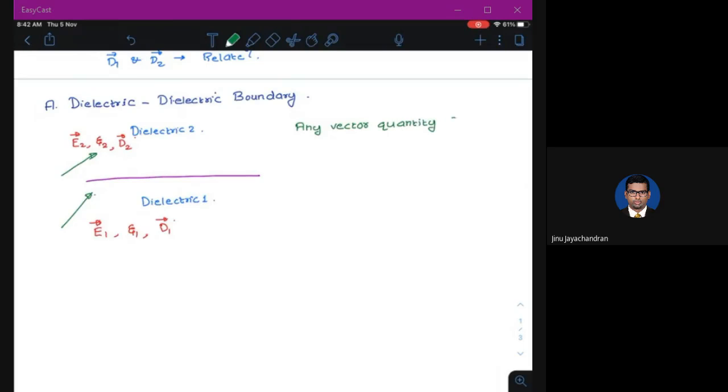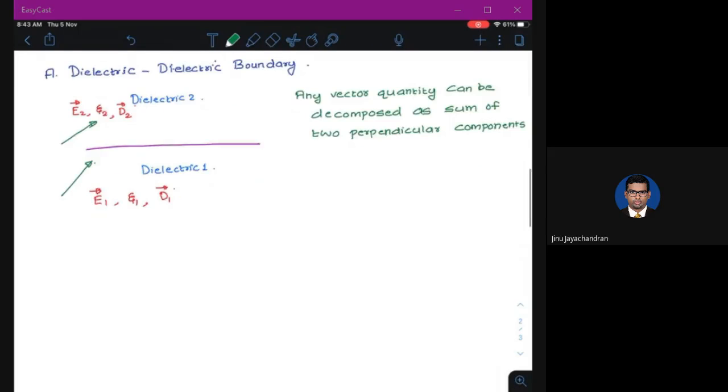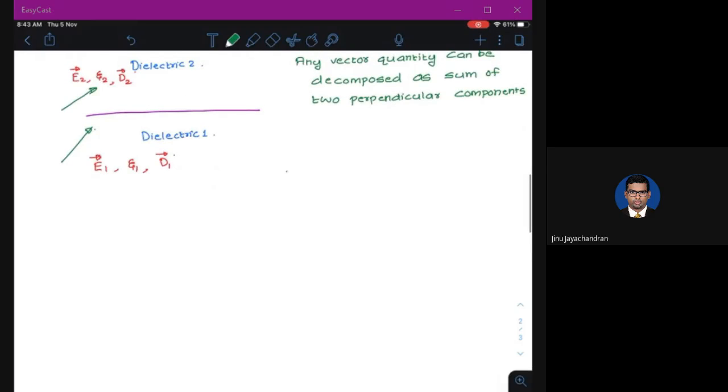So any vector quantity can be decomposed as sum of two perpendicular components. That is the general rule. So what we are going to do is, you have an electric field like this in any of the medium. You can decompose into two different components along vertical and horizontal directions.